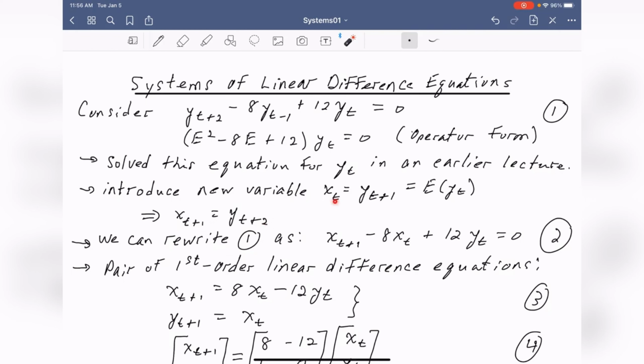In other words, if we have x(t) = y(t+1), then x(t+1) = y(t+2). We can rewrite this equation, number 1, as x(t+1) - 8x(t) + 12y(t) = 0.